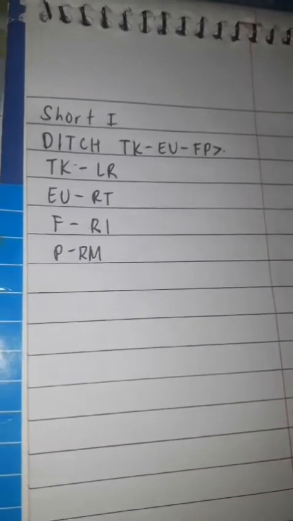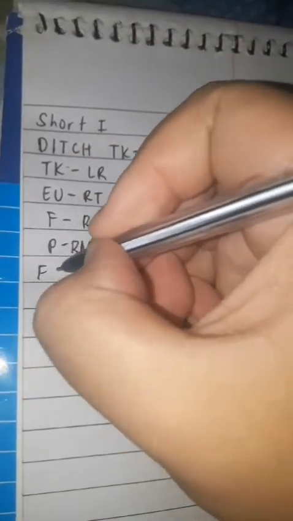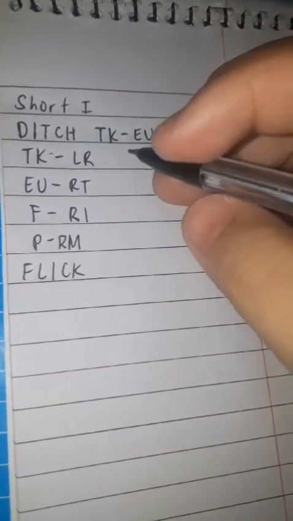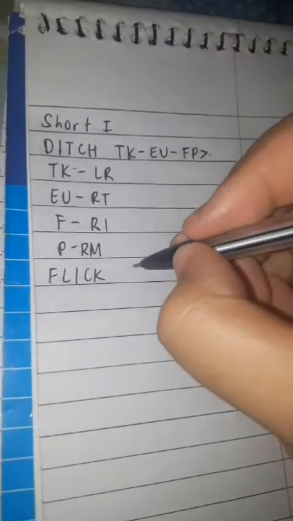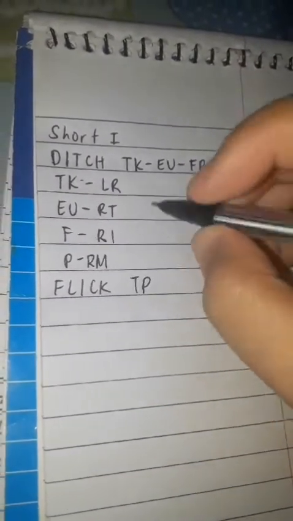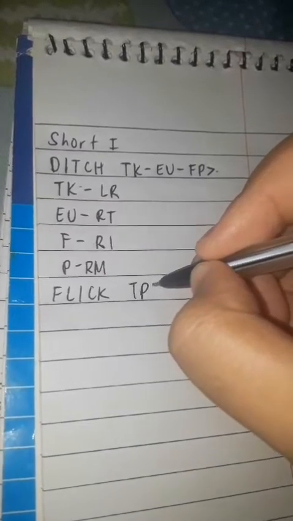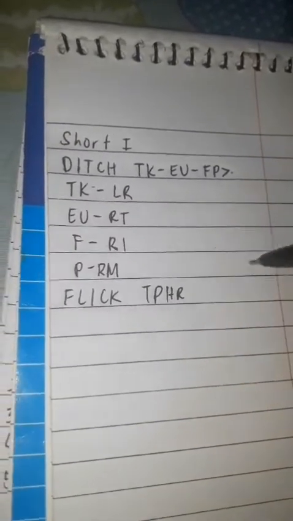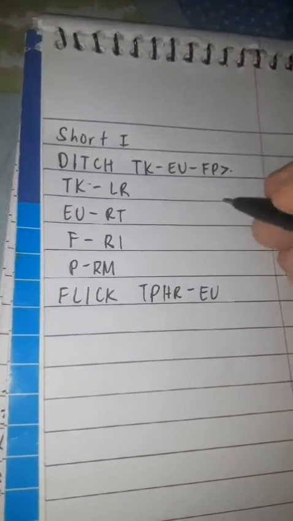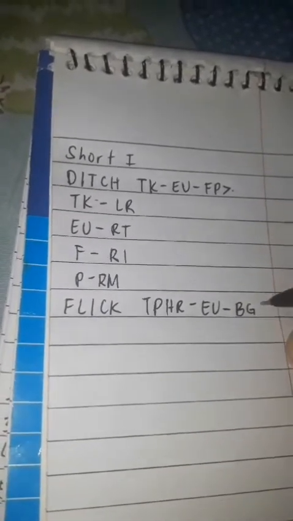So another example for short vowel I, we have the word flick. So the codes are initial letters TP for F, HR for L, vowel EU for short I, and ending letters BG for K, then release.